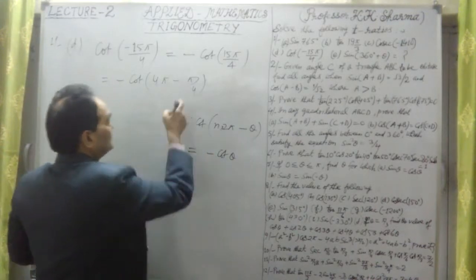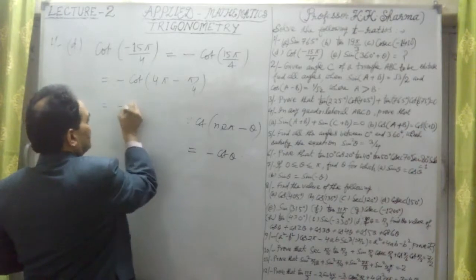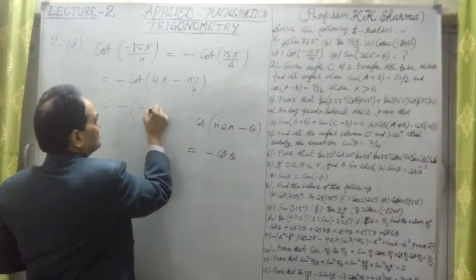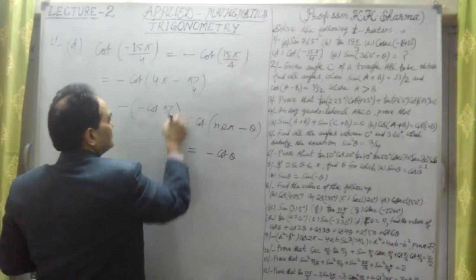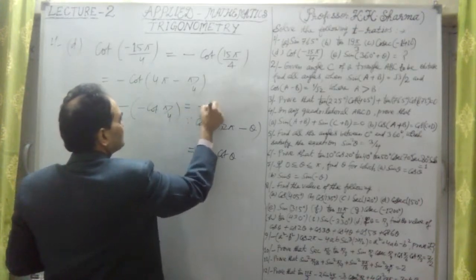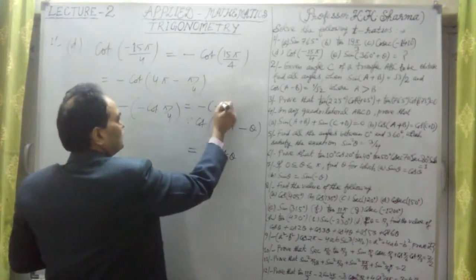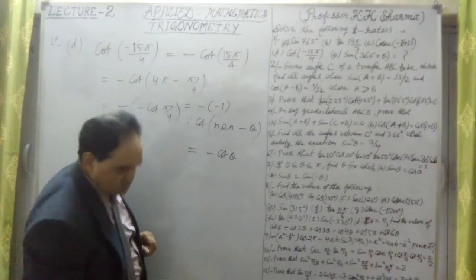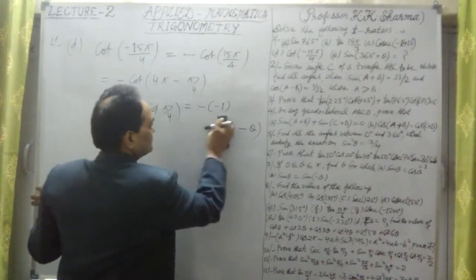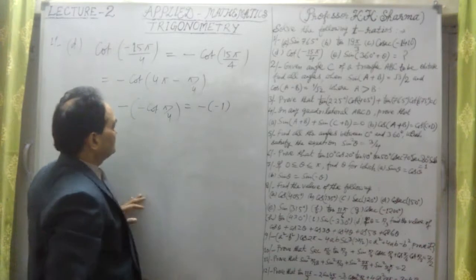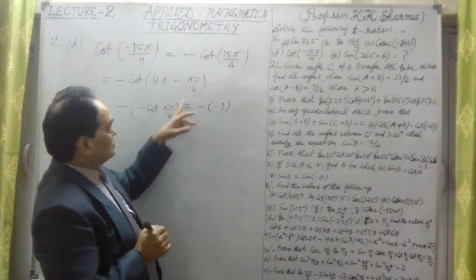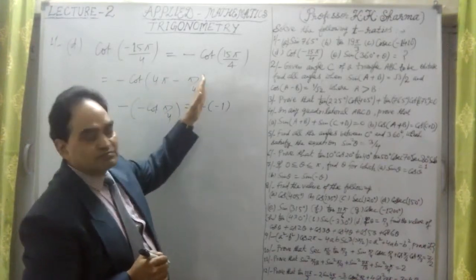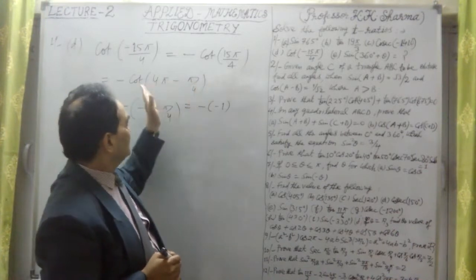This is further negative, so this is minus cot pi by 4. But cot pi by 4 is 1, so minus of that gives plus 1 here.